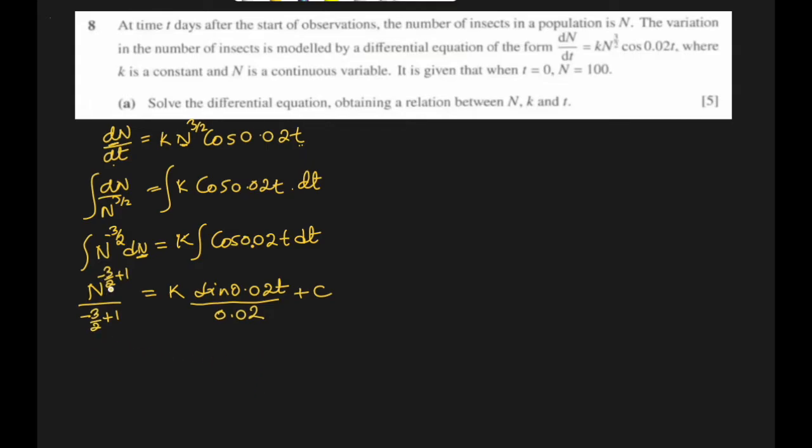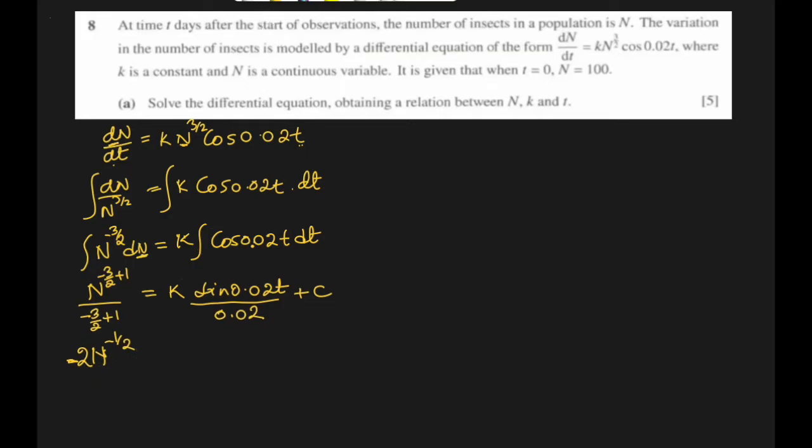Negative 3 over 2 plus 1 will be negative half, divided by negative half. So negative, let's put it here, and half means the reciprocal of half because it's a denominator, right? So reciprocal of half will be 2 on numerator, so there is no need to write any denominator. Now let me erase this.